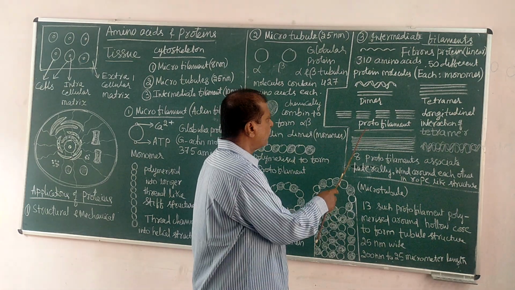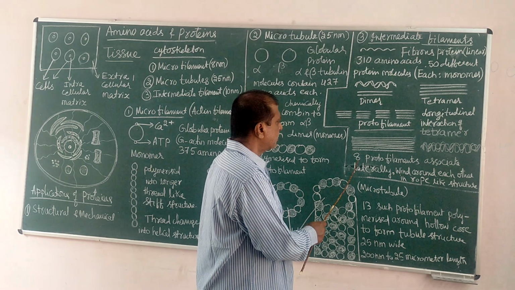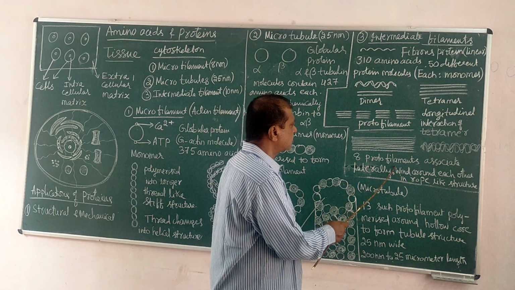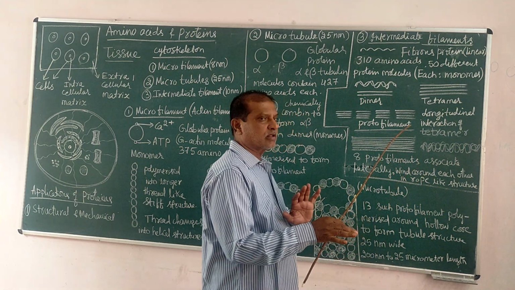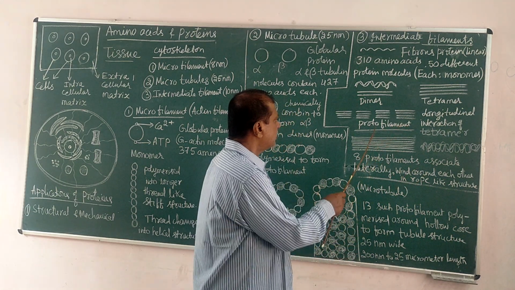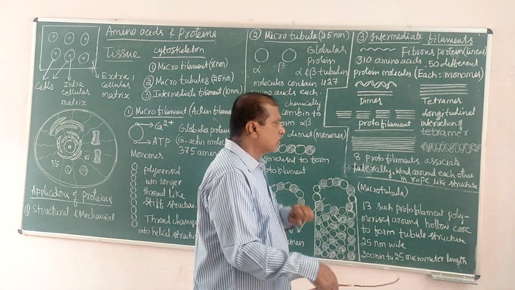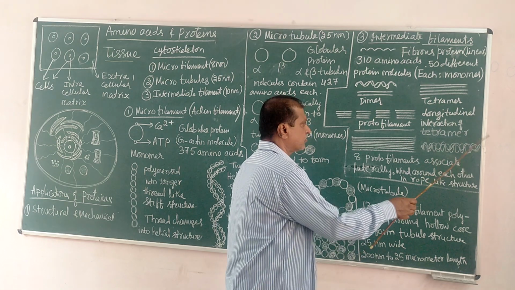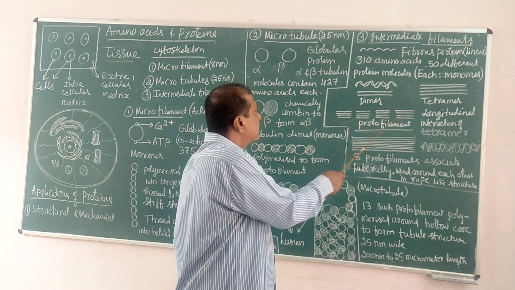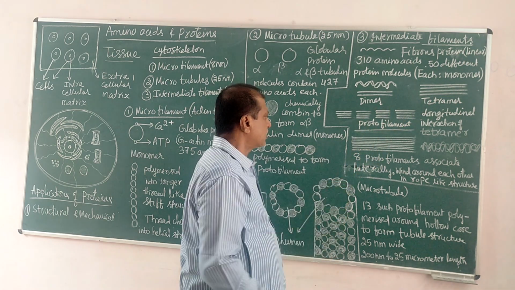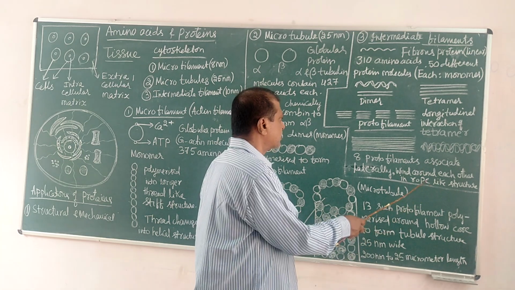After the formation of the protofilament, approximately 8 protofilaments associate laterally. They wind or twist around each other in a rope-like structure.